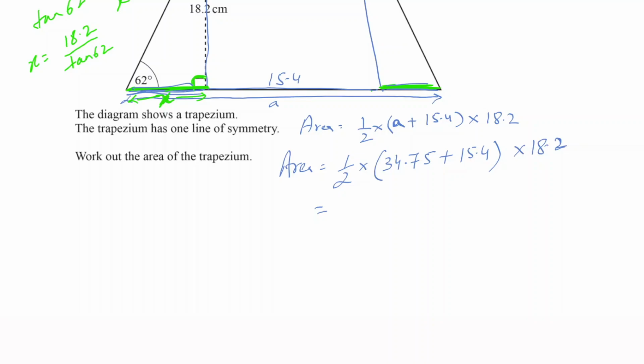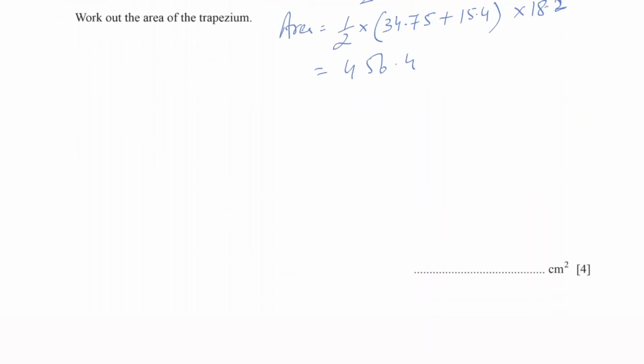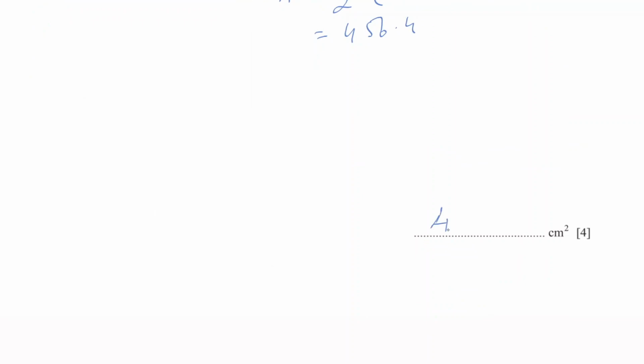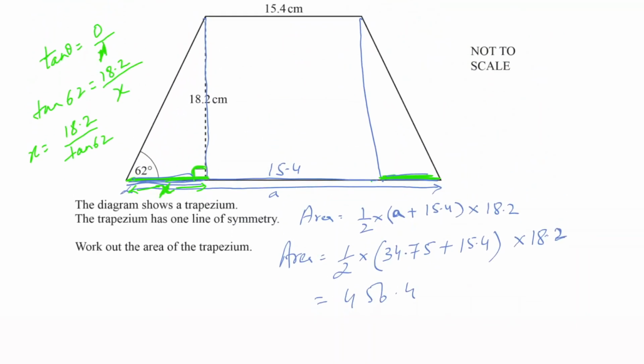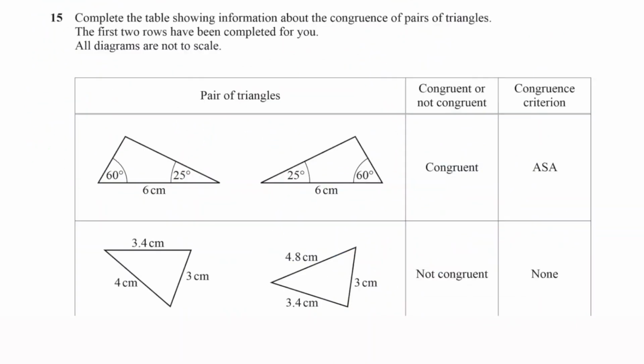We can write it as 456.4 also, since 36 is there. So 456.4. That will be the final area of the trapezium. Hope you understand. Let's move.